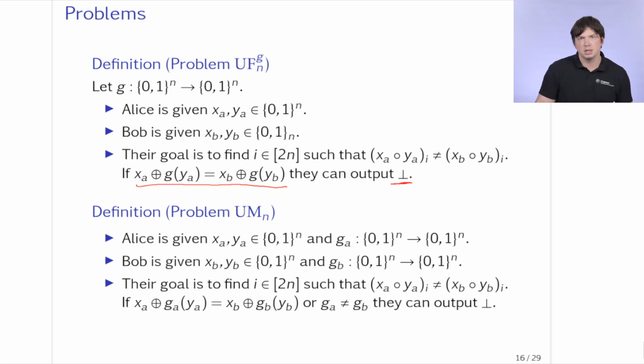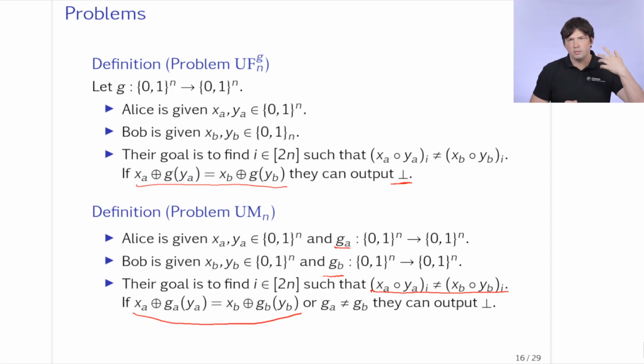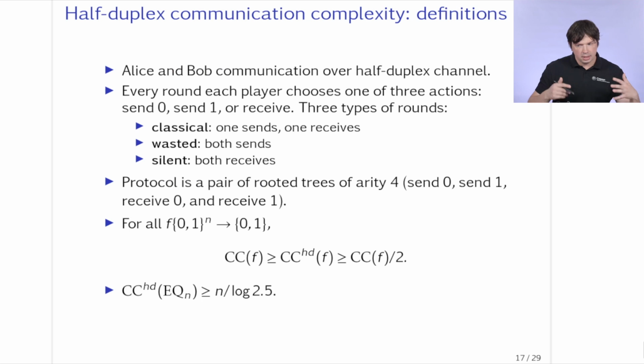So we propose this multiplexer version, where both are given functions, and they either need to find a bit of a difference here, or they need to say that the universal relation part is bad, that what we're outputting is actually equal rather than non-equal, which was supposed to be the correct thing for universal, or we have that the functions are different.